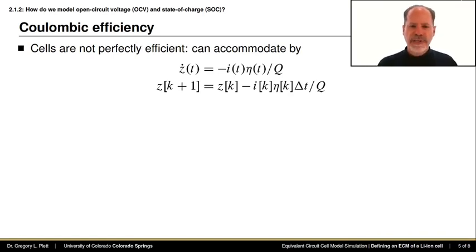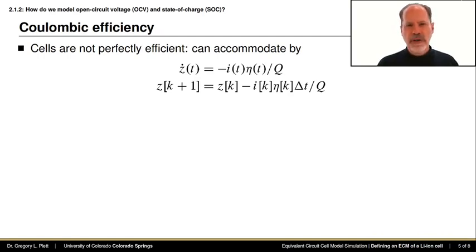To reflect this fact that the charging process is not perfectly efficient, we introduce a new quantity that is represented by the Greek letter eta, which looks a little bit like a script N in the Latin alphabet. This is called the Coulombic efficiency of a battery cell.